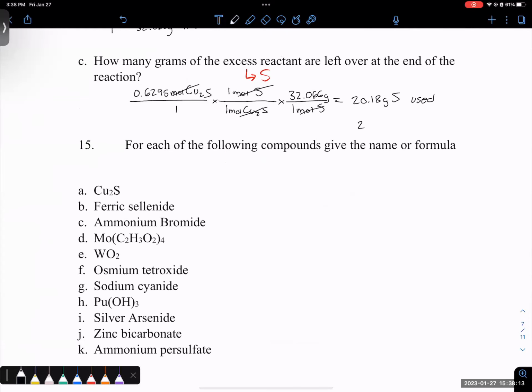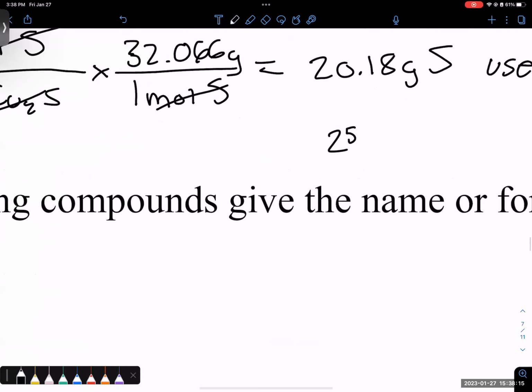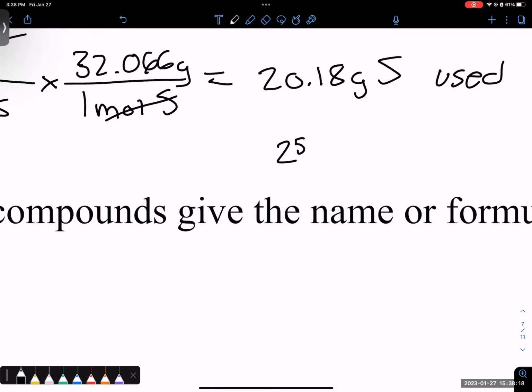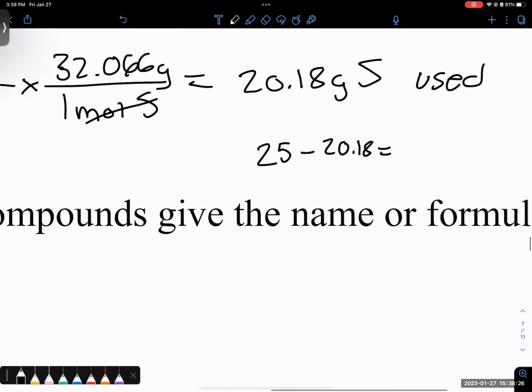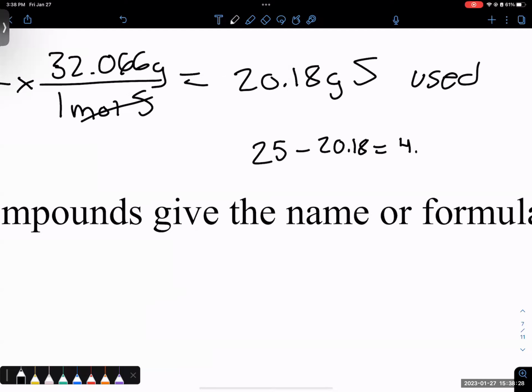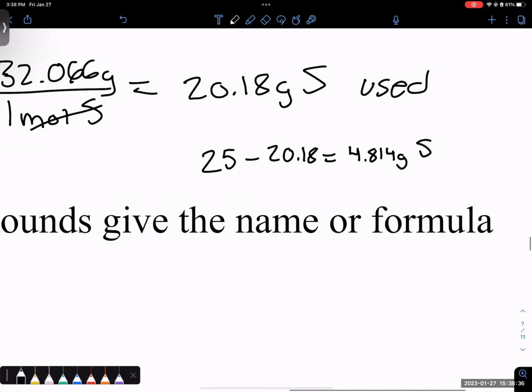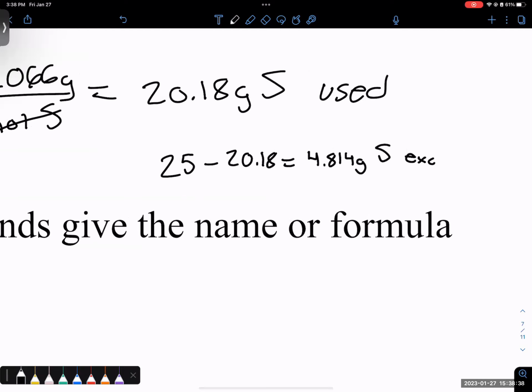If we started off with 25 and we used 20.18, this should give you that the leftover amount was 4.814 grams of sulfur, which is the excess amount. Okay.